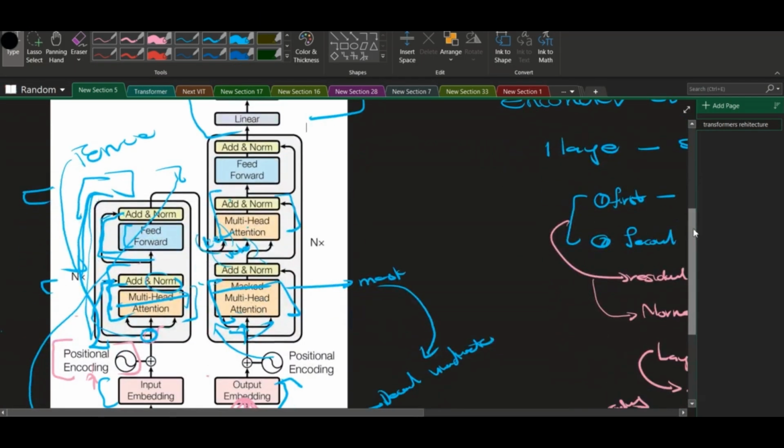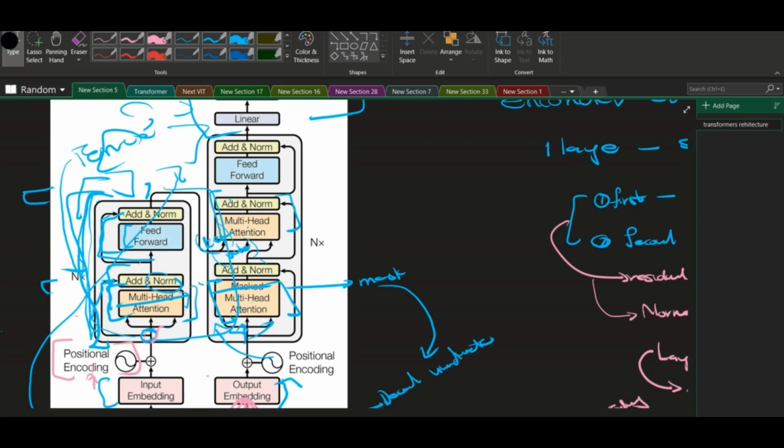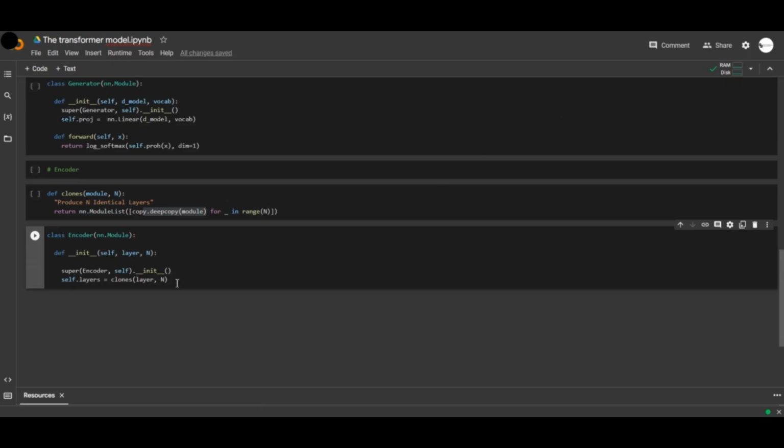We repeat this component on the left 6 times. We can have another one here, and another one here. Each layer takes the input sequence and applies the same computation, and then that output goes to the next layer.